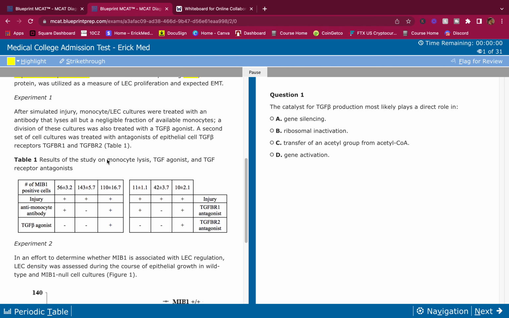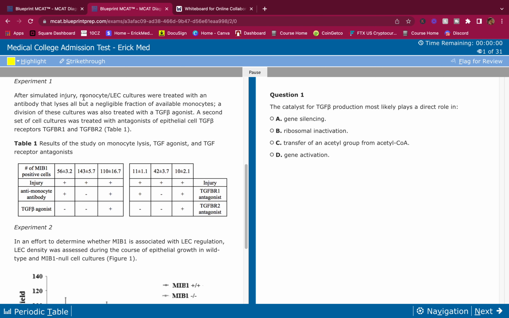Now to get into the experiment here. Wow, it's a long passage. After simulated injury, monocyte/LEC cultures were treated with an antibody that lyses all but a negligible fraction of available monocytes. A division of these cultures was also treated with a TGFB agonist.